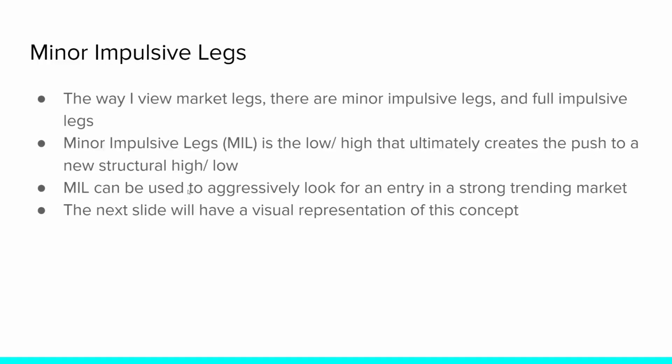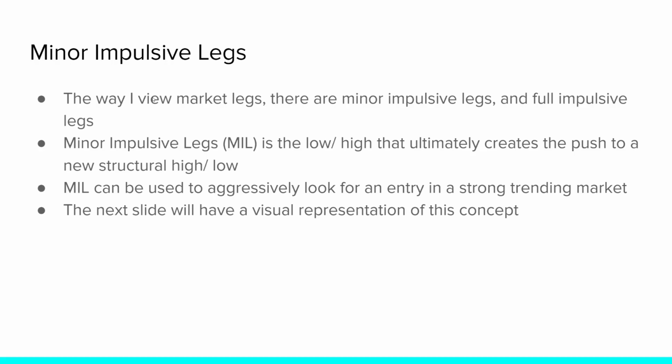Now we're going to talk about minor impulsive legs. The one thing I want to talk about is that the market has multiple legs, because some people will consider an impulsive move inside the market if the market has a big push. Sometimes there's a minor leg inside of that big push, and I'm going to show you an illustration soon.